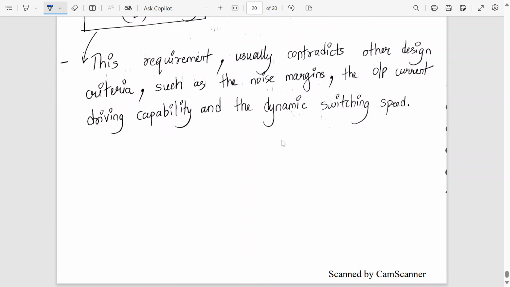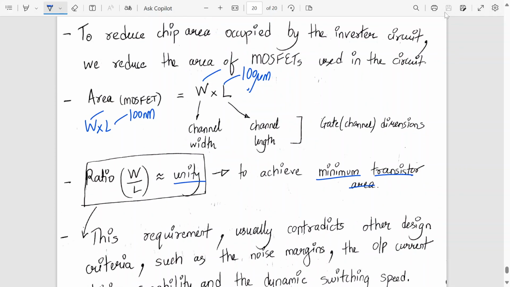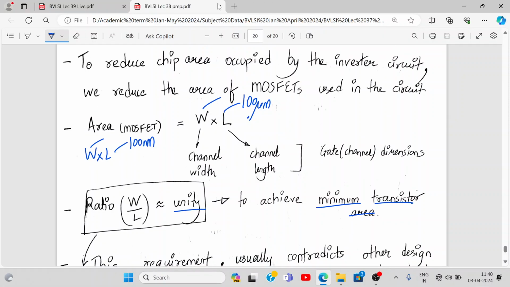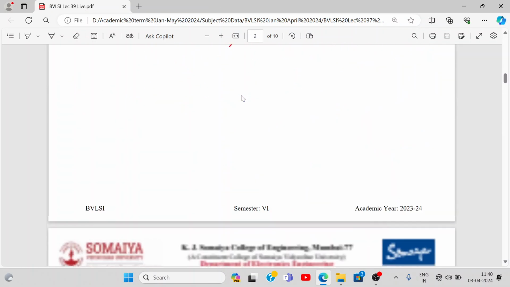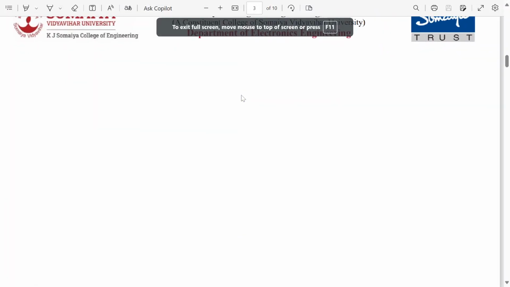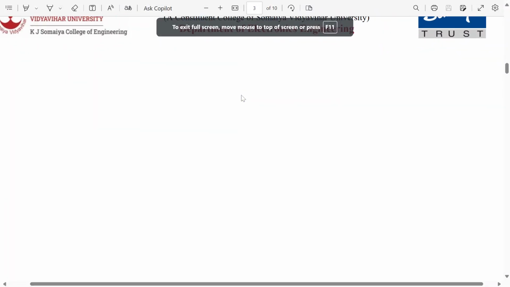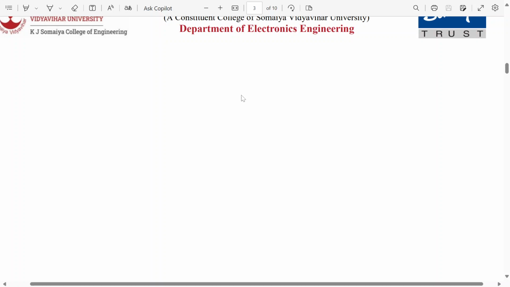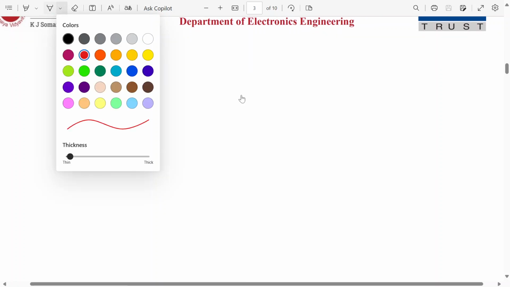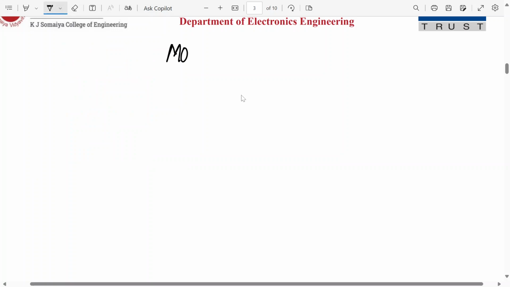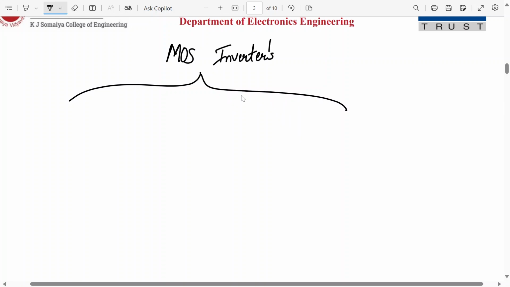Fine? Yeah, that's it. Now we are going to start with actual MOS inverters. So write down. MOS inverters classification. Actually we have classified it, but let's see. MOSFET inverters. There are two types of analysis which we do over here.